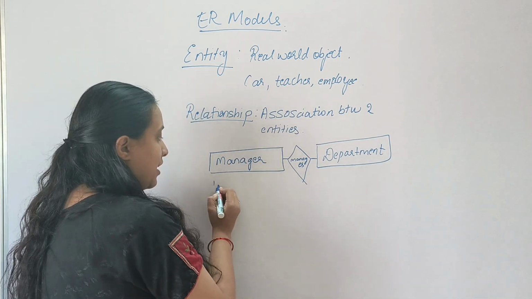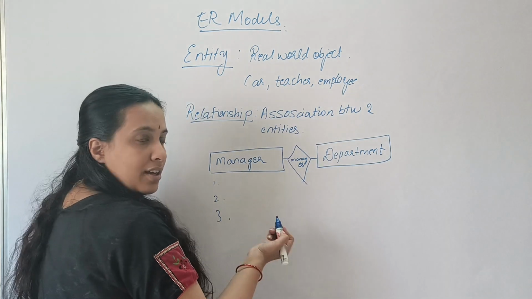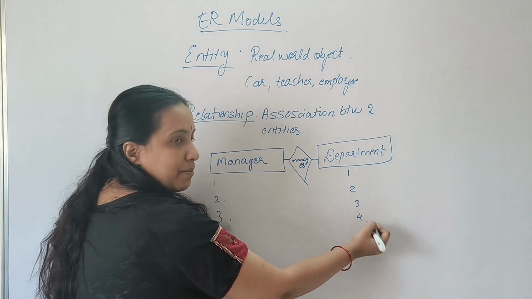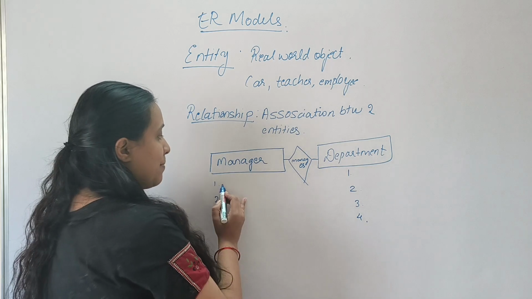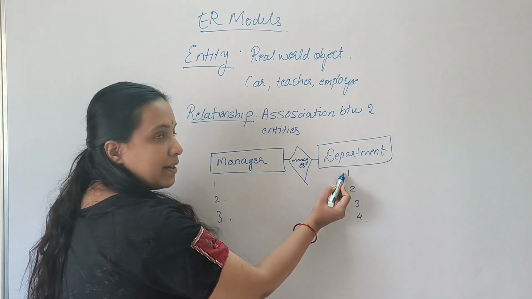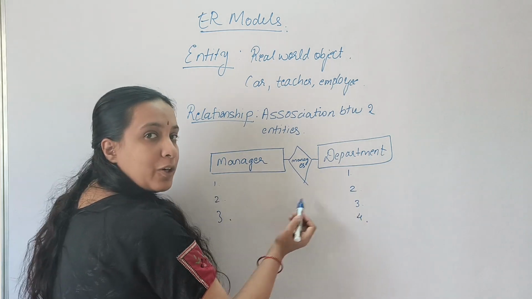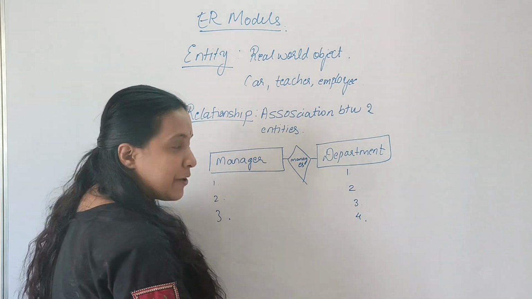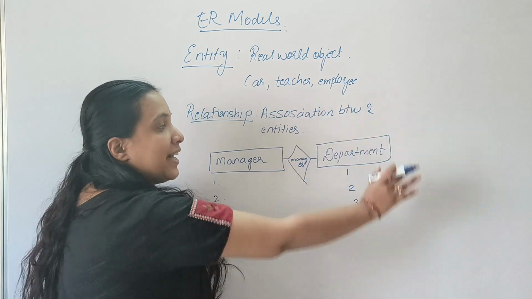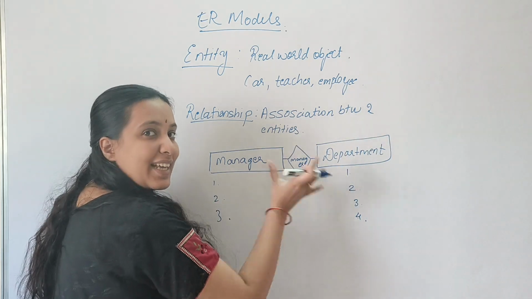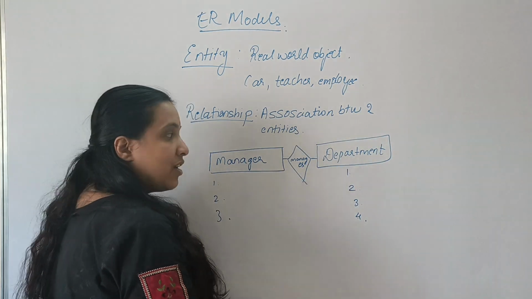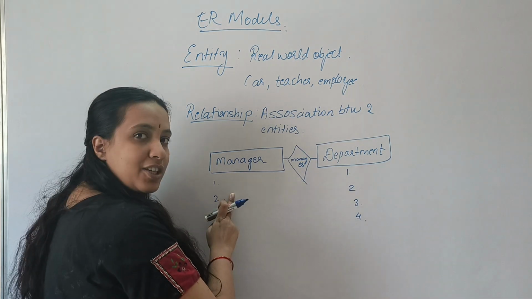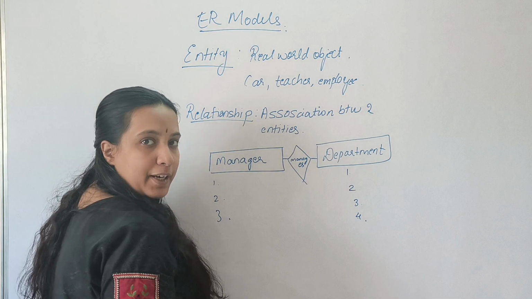There can be three managers and three or four departments. Maybe manager 1 manages department 1, manager 2 manages department 2, and manager 3 manages departments 3 and 4 both. So my database has these two entities and the relation manages, that is, it gives me the information of which manager manages which department.